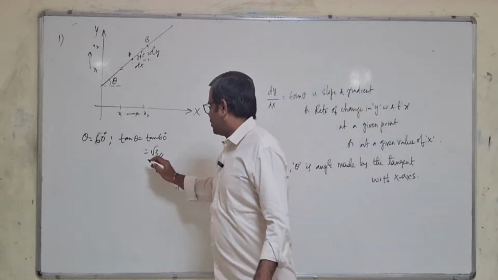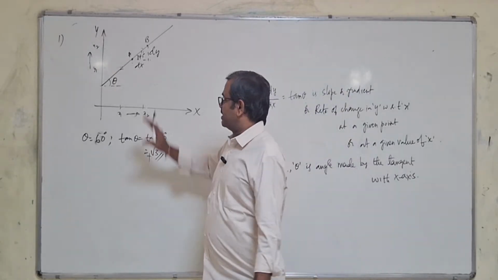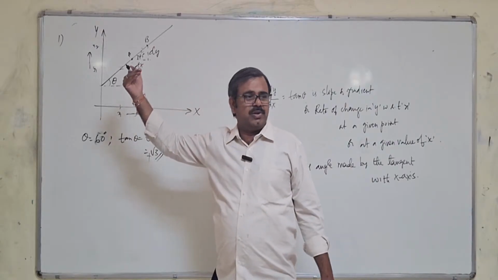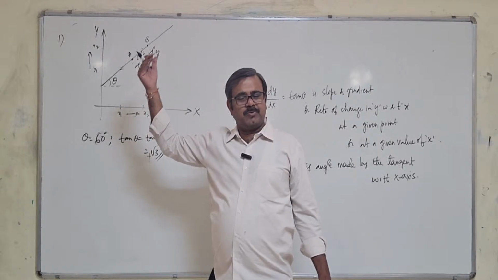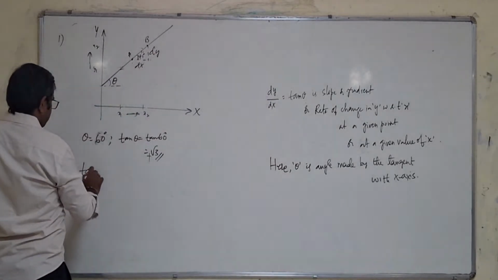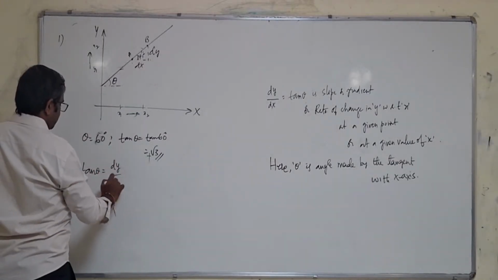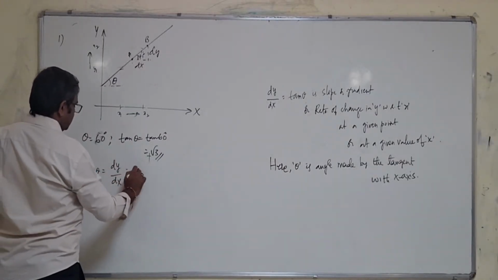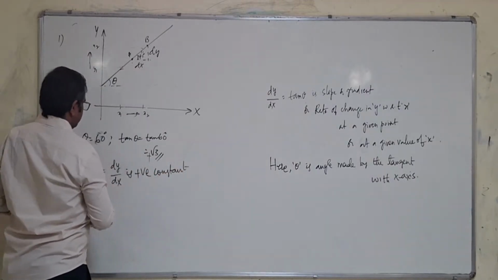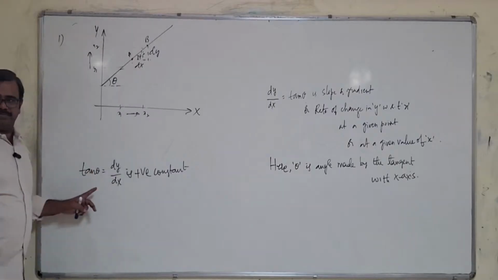We are getting positive here. Change in x is positive. When change in x is positive, change in y is also positive. So when delta x is positive, delta y is also positive. So here tan theta is equal to dy by dx, or delta y by delta x is positive constant. Do you understand this?